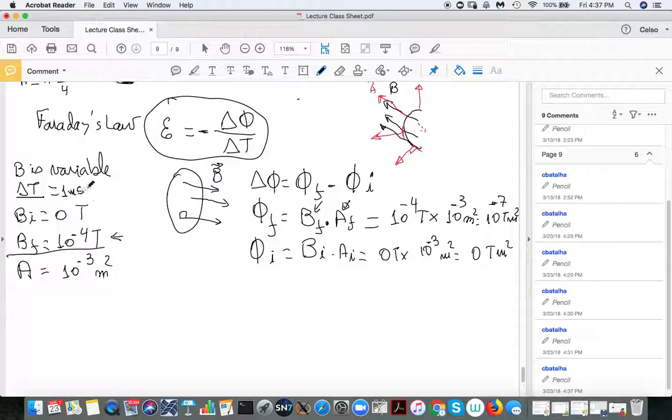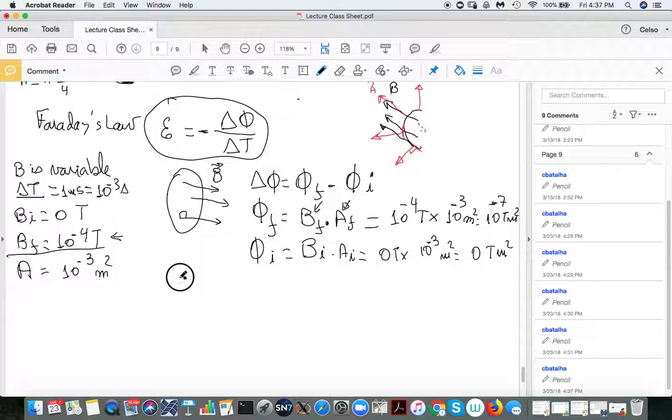So it's a very short time in which the field went from 0 to 10 to the minus 4 in 1 millisecond. 1 millisecond is 10 to the minus 3 seconds. And again, I'm just putting in numbers so we can try to see what's going on.